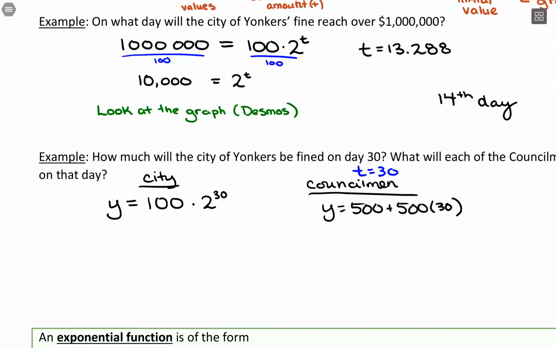What I want us to notice here is the difference between plugging in 30 into a linear function versus an exponential. Plugging into linear, the instinct I want you to have is the number will be big, but it won't be as big as what's happening with an exponential.